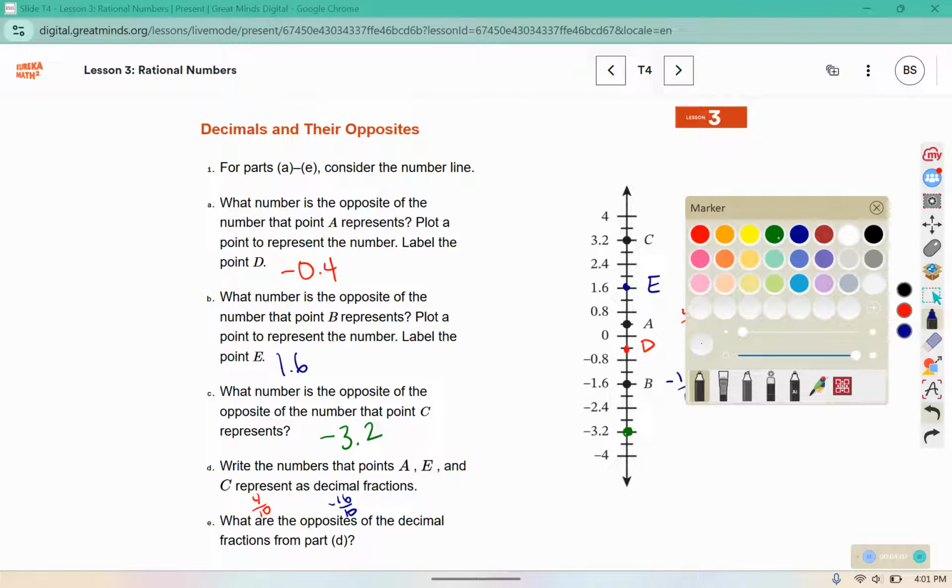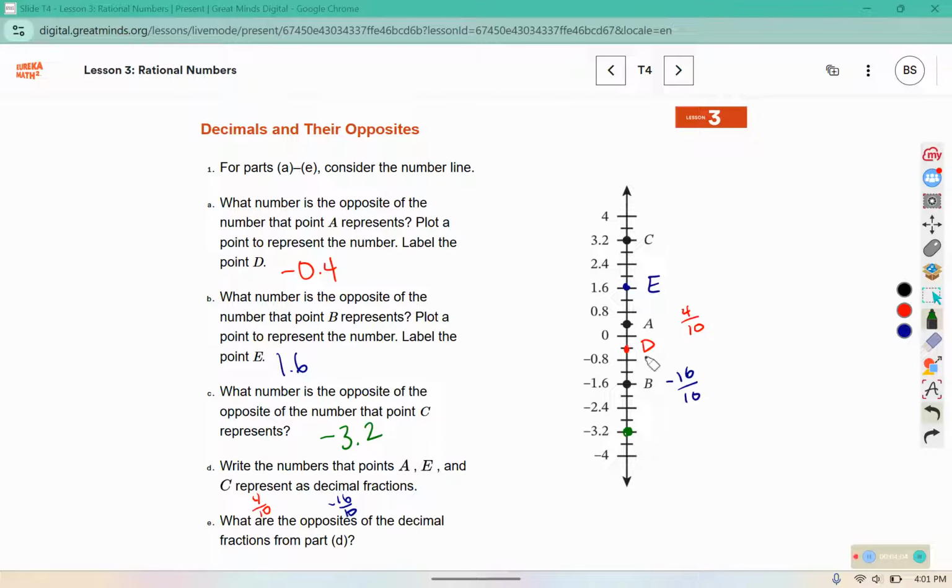And for E, oh, excuse me, E would be positive. And C was 3.2, so that is 32/10. They wanted E instead of B.